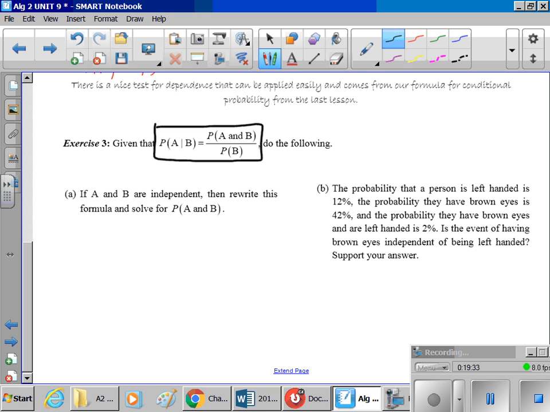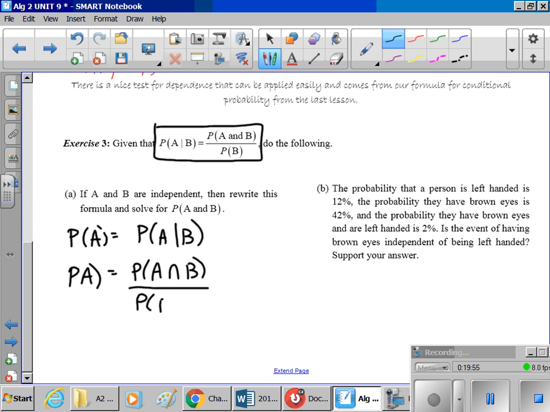If they're independent, I know that the probability of A is equal to the probability of A given B. So I know the probability of A is given by the probability of A and B over the probability of B. And then if we cross multiply, I know that the probability of A and B is equal to the probability of A times the probability of B. Isn't that cool?